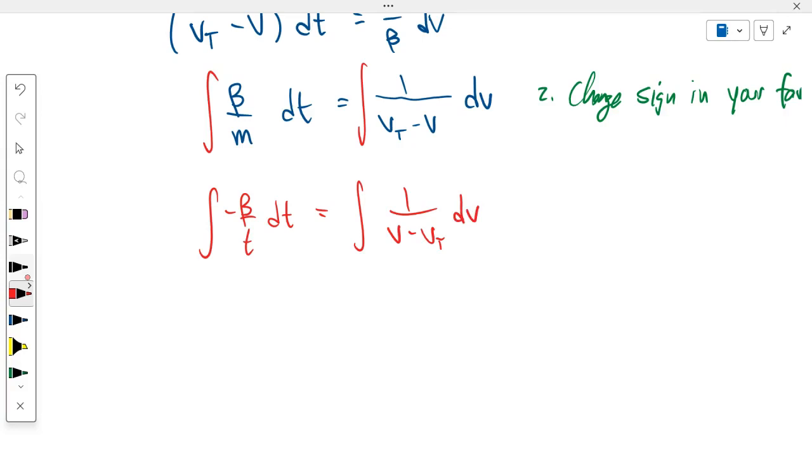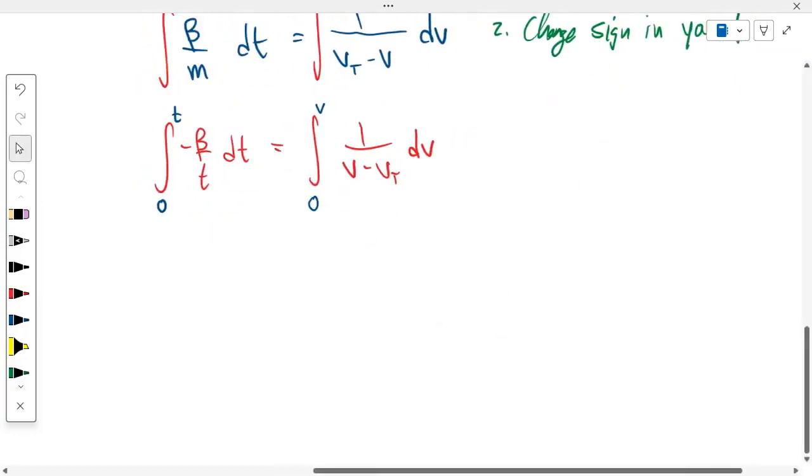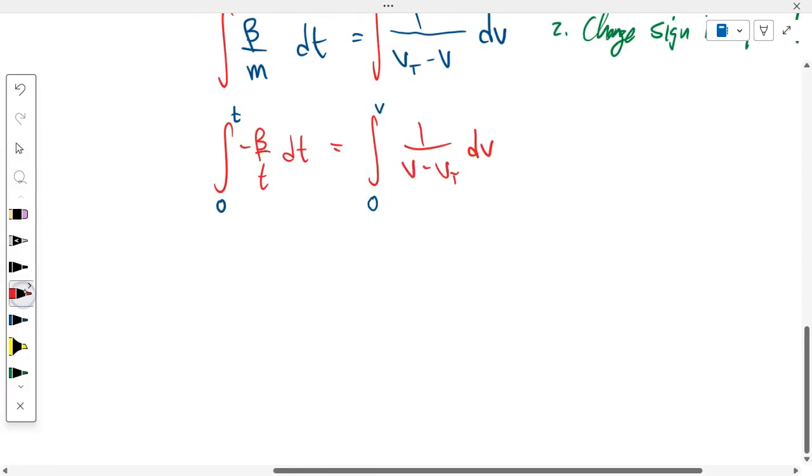Now, these variables have limits, right? This time will start at 0, and when we get to time t, well, this thing was dropped at a speed of 0 initially, and it gets to some velocity V at time t. Now, the integral on the left side is easy peasy.